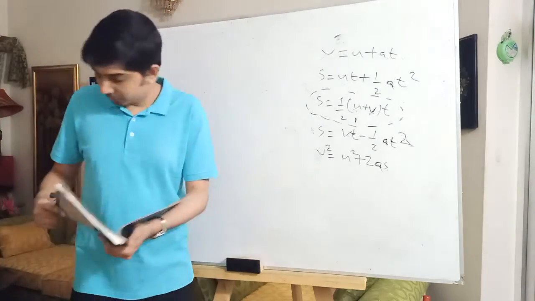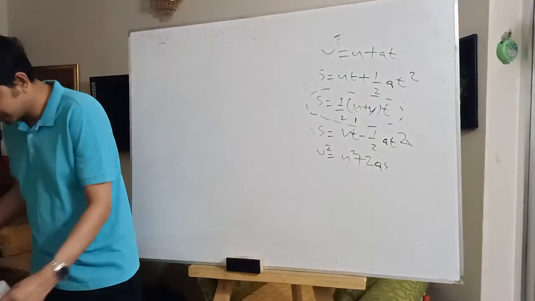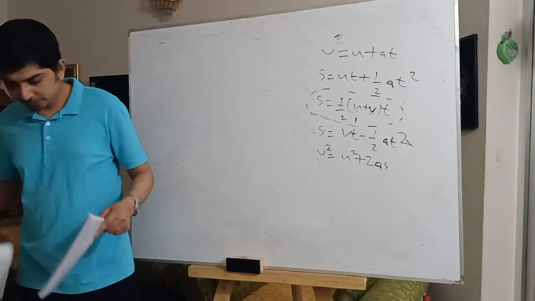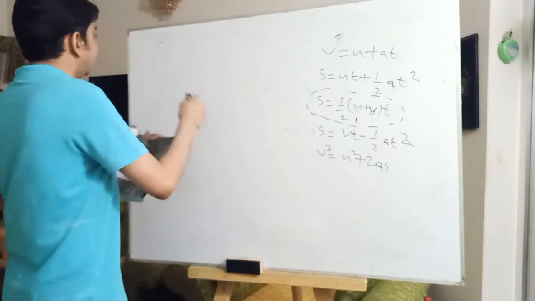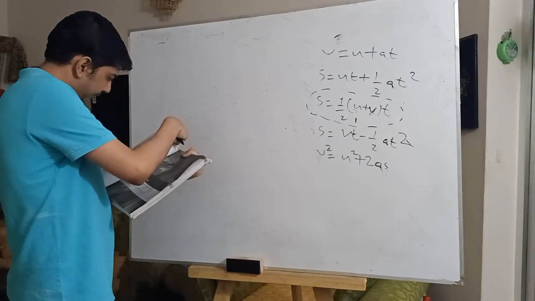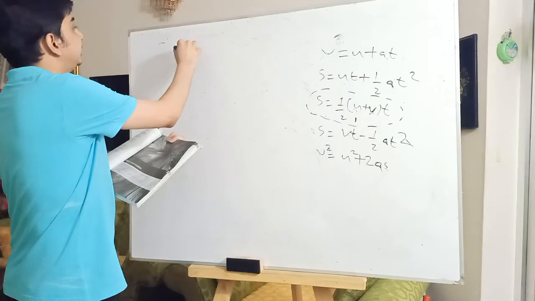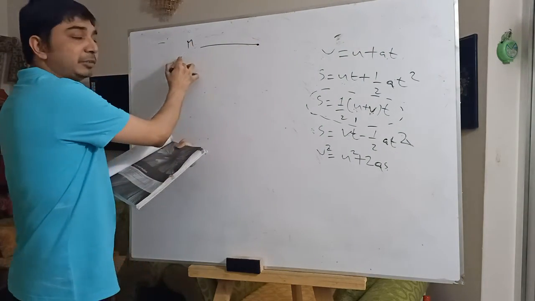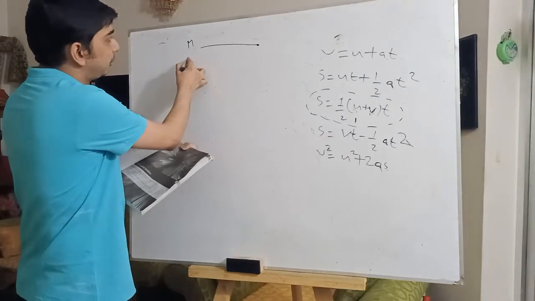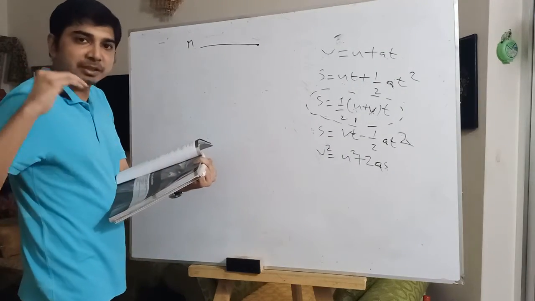So if you visualize what's happening over here, let's say the man is 100 meters from the bus stop. So now the bus crosses the man. When the bus crosses the man, it starts to decelerate.